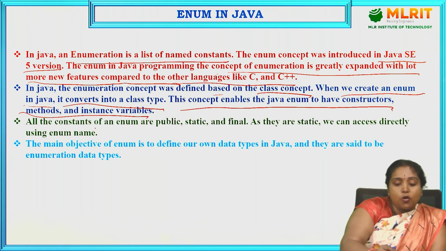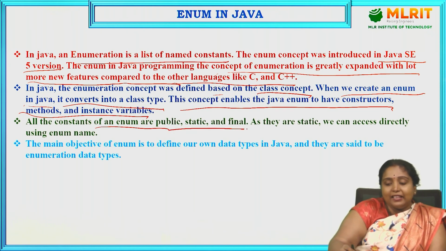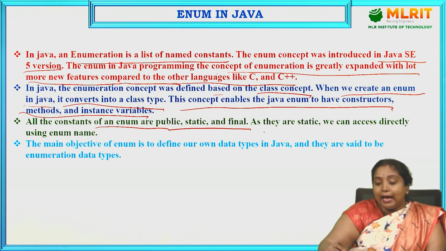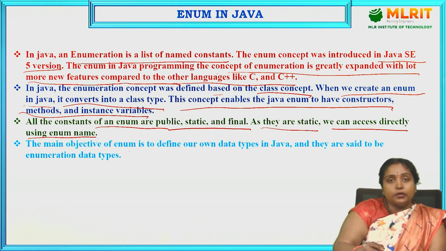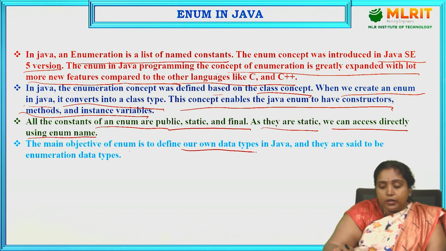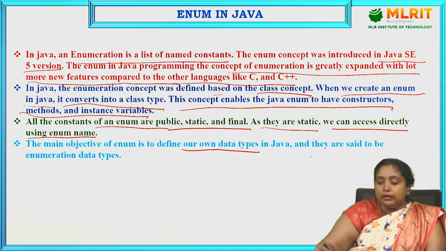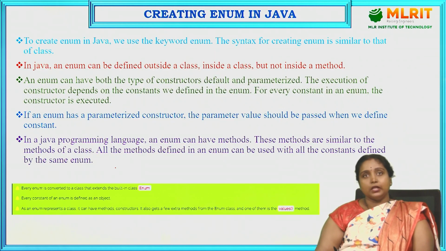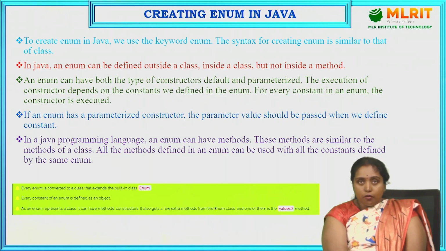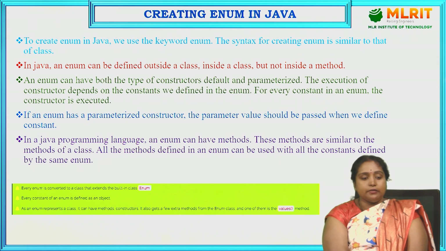And all constants of an enum are public, static and final. As they are static, we can access them directly using the enum name. The main object of enum is to define our own data types in Java and they are said to be enumeration data types.